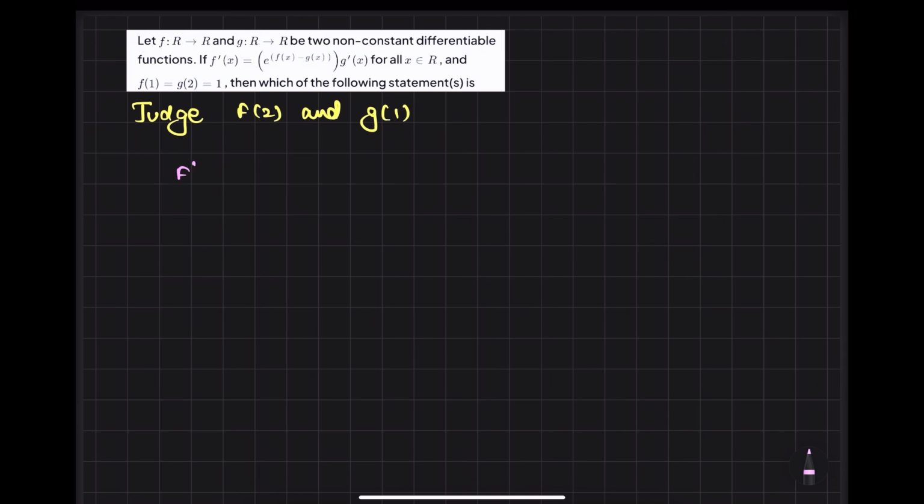So we have f dash x equals e power f of x into e power minus g of x into g dash x. Correct? Now base same, power add, that's why I did this one.